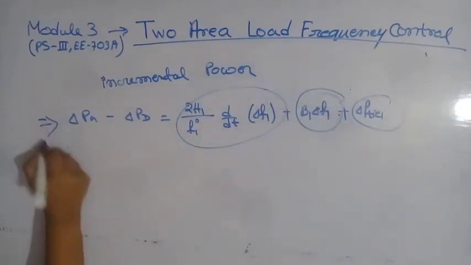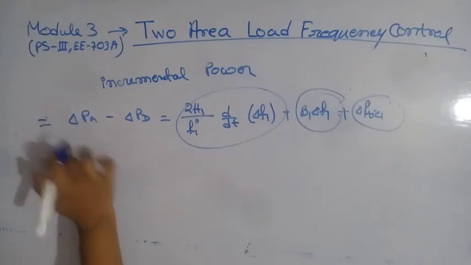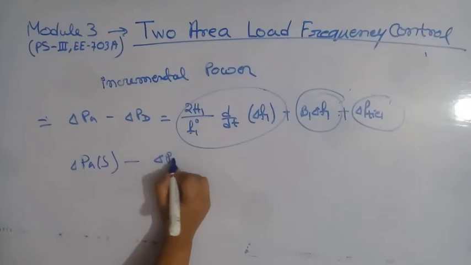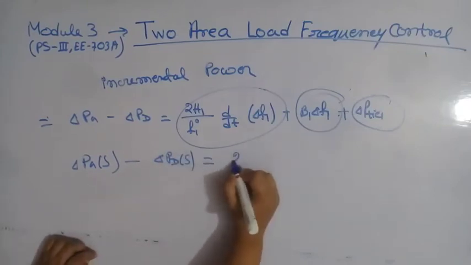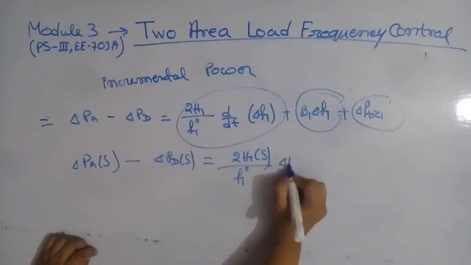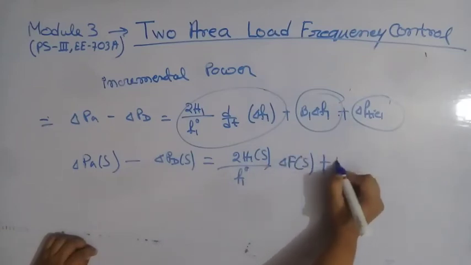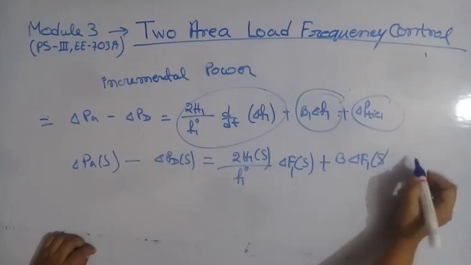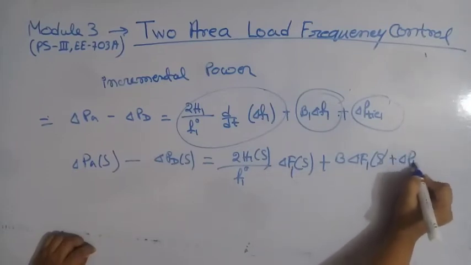So taking Laplace transformation, delta PGs minus delta PDs is equal to 2H1 s by f10 delta f of s plus B1 delta f of s plus tie line power.